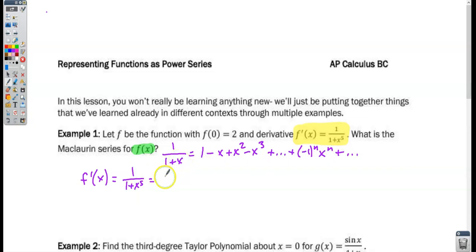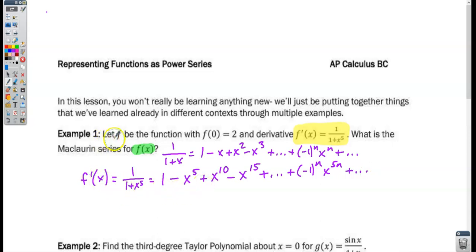And so this is going to be the Maclaurin series for f prime: 1 minus x to the fifth plus x to the 10th minus x to the 15th plus, up to negative 1 to the n times x to the 5n, and so on. Okay, so this is my series for f prime of x.